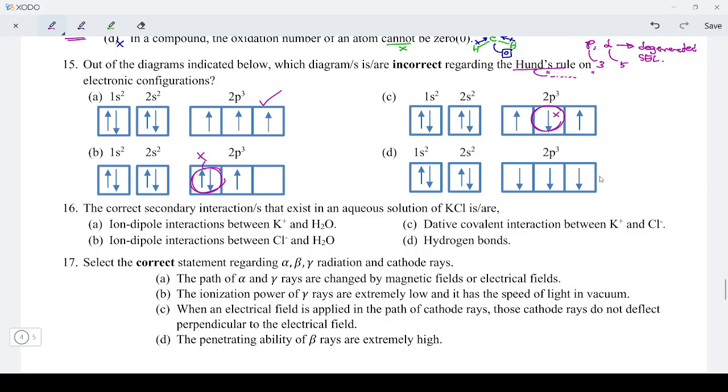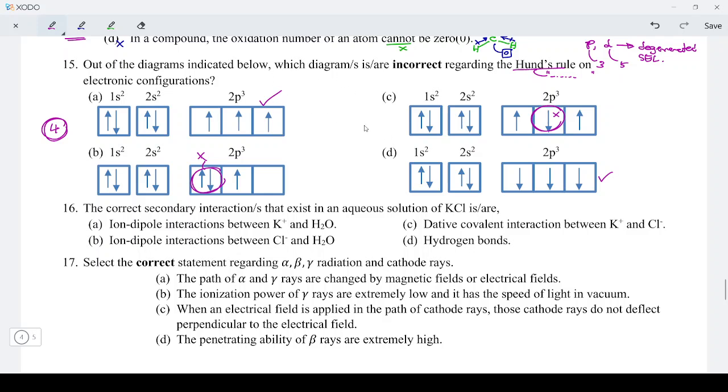And this one is also true because still the spins are parallel. Don't put incorrect here because the spins are downward. It can be downward also. If one is downward, the others must also be downward. That's the thing. Okay, so A and D are correct. The answer is going to be 4. So write Hund's rule here for the explanation.